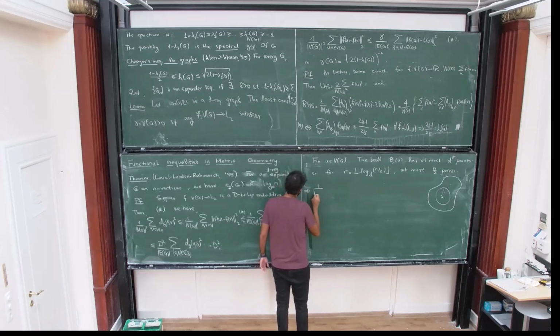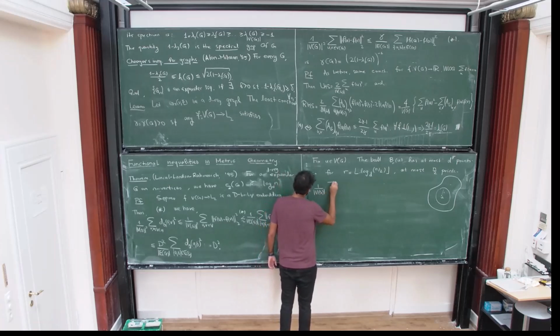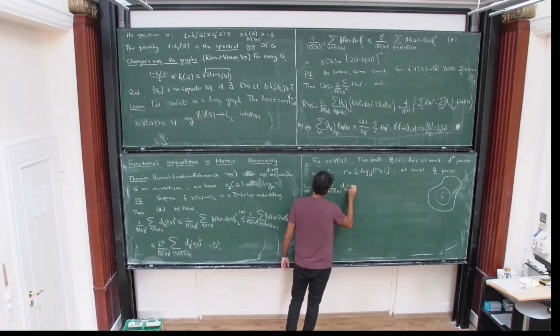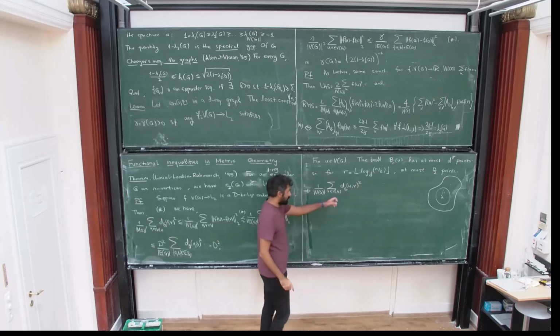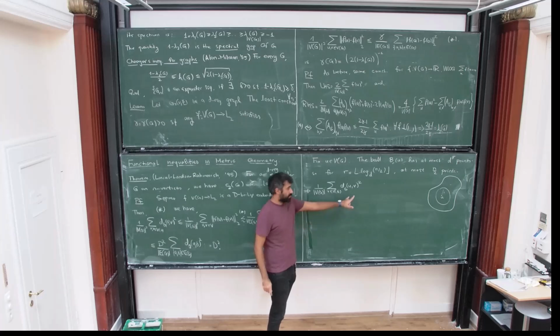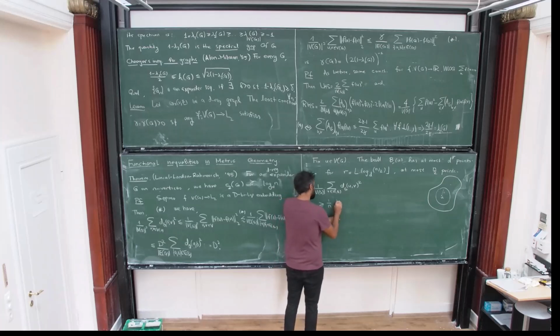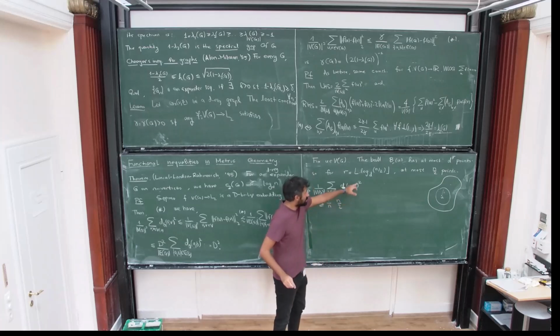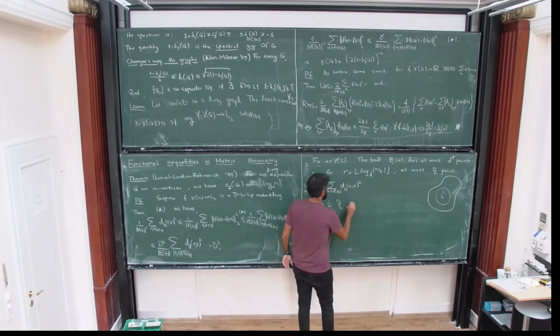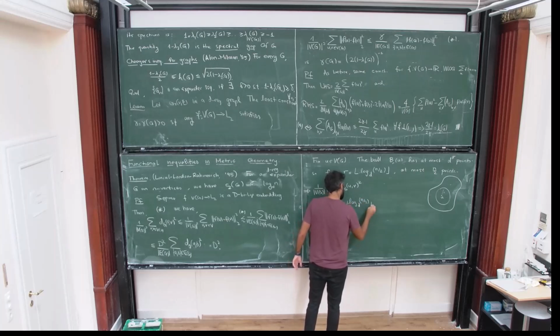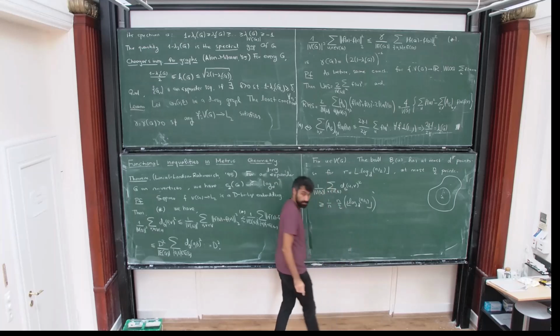So now u is fixed. The average of the distance squared between v and u: there are at least n over 2 points here, so it's 1 over n, there are at least n over 2 points for which the distance is at least r. So here I'm going to have n over 2 over n times r squared.